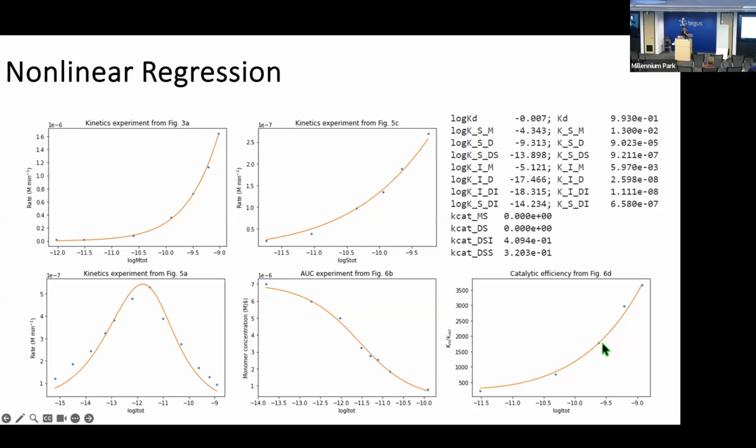And this looks fine. Looks good. Good starting point. But this is a nonlinear regression. If you try to get error bars from nonlinear regression, they're usually tiny and unrealistic. So we got this, but we didn't really believe it.